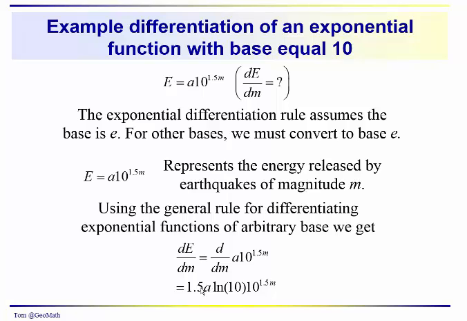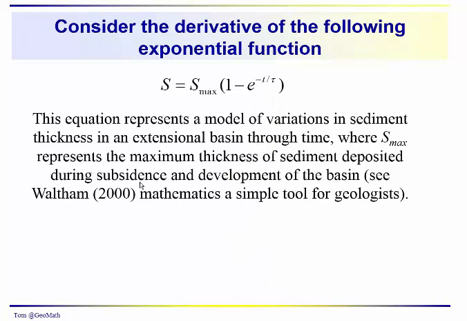There's our 1.5. The additional term in here, the natural log of 10, is the term that we have to add when we're dealing with exponential functions where the base is different from the natural base e. So that's just a couple quick examples.